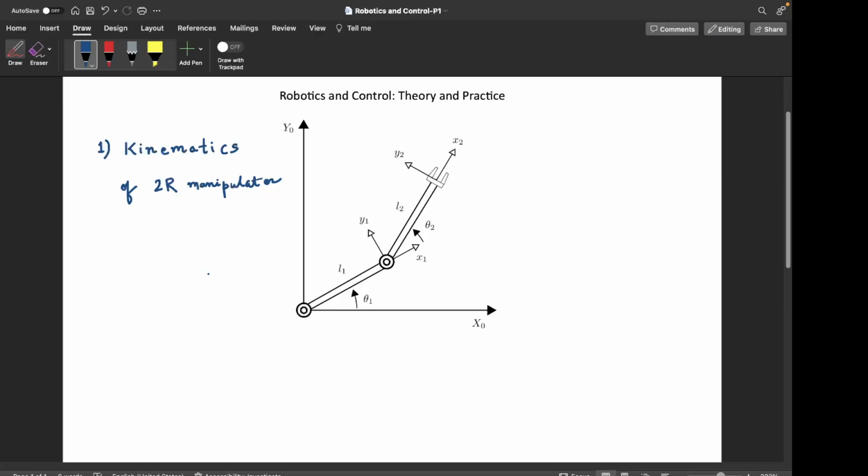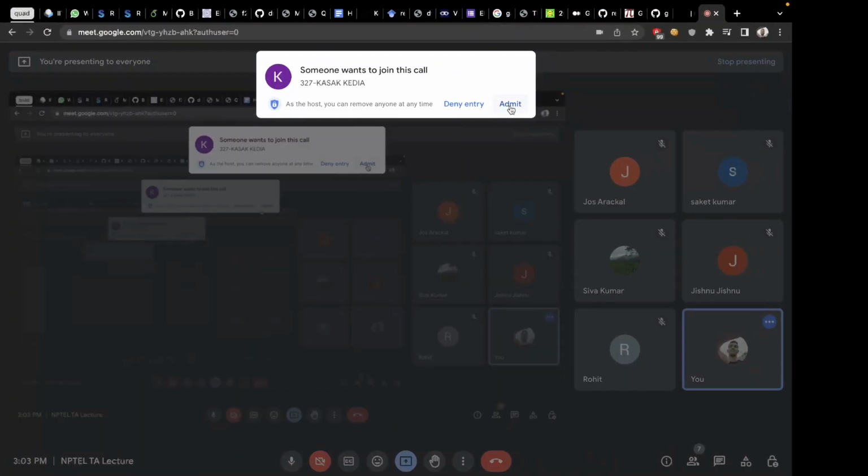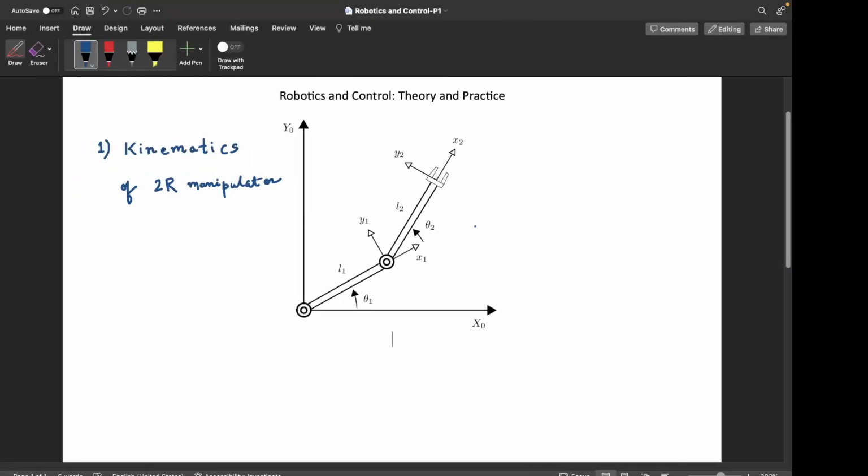We have a two-link manipulator. Basically, there are two links and two revolute joints, which are given by theta 1 and theta 2, and we have the frames assigned at each of the joints. So this x0 y0 frame is the base frame, basically this one. This is the frame at joint 1, and this is the end effector frame x2 and y2, and the link lengths are L1 and L2.